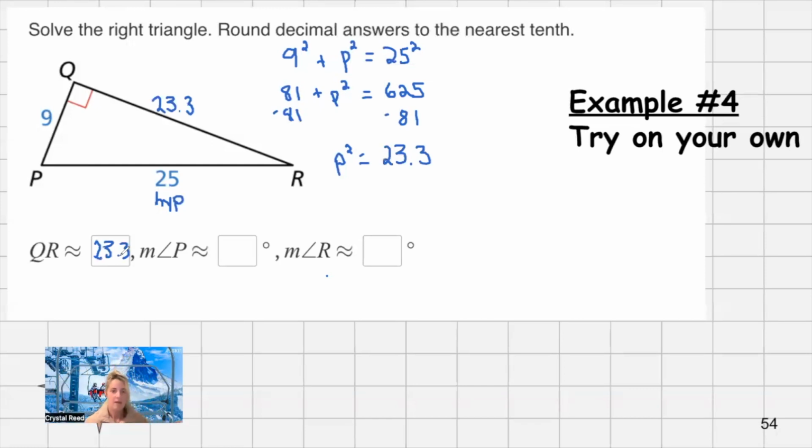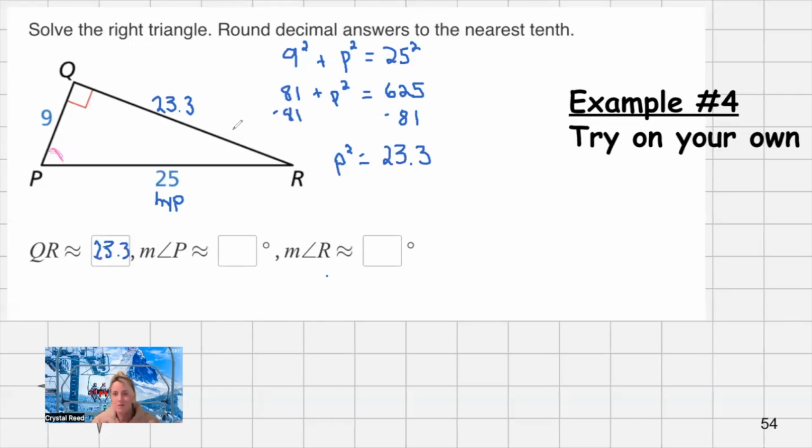Okay. And so this one, we know all three sides now, so we can use sine, cosine, or tangent. It doesn't really matter. We're trying to find angle P here. I'm going to change to pink. And so I'm actually just going to use the 9 and the 25 because those are original sides that we were given. 23.3 is a rounded answer.